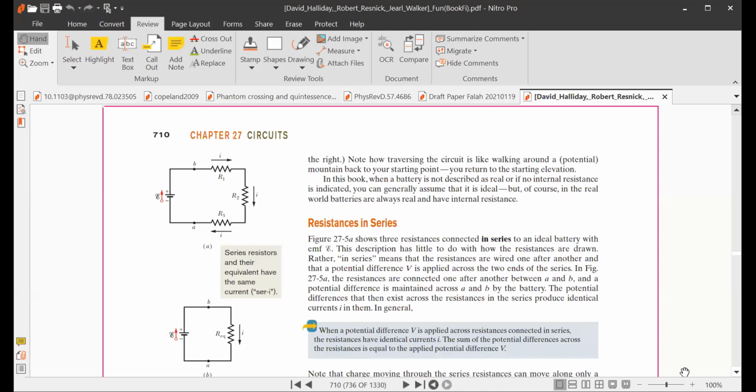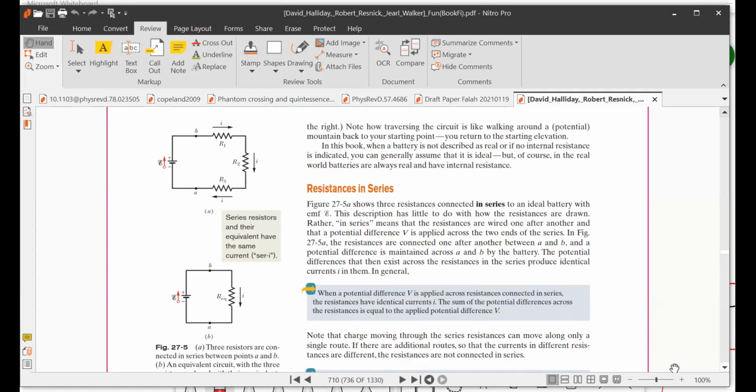Let's see. For example, this one. Maybe before this one.